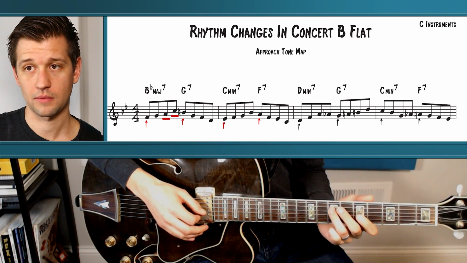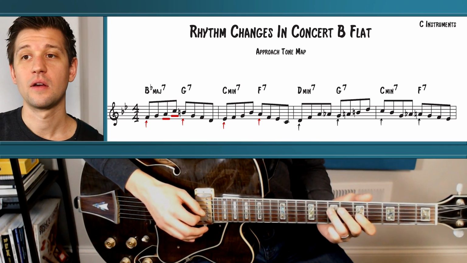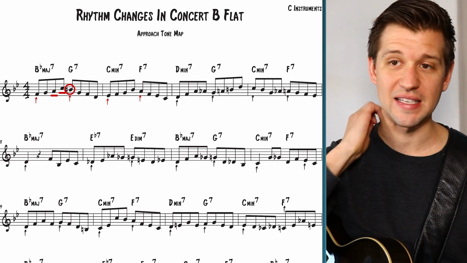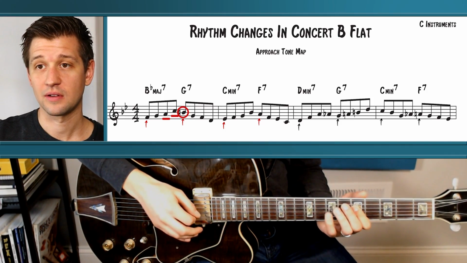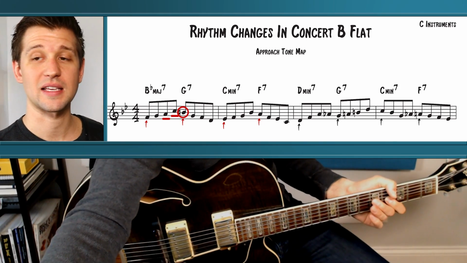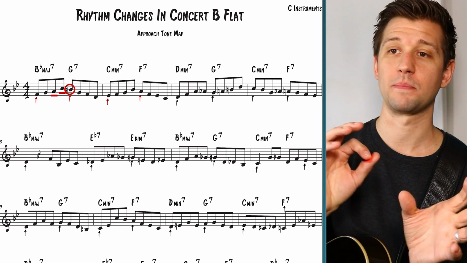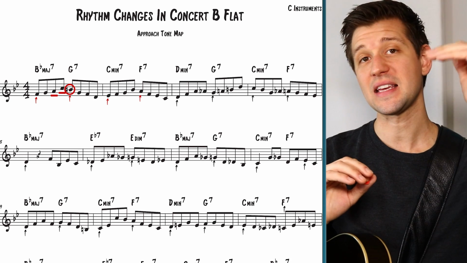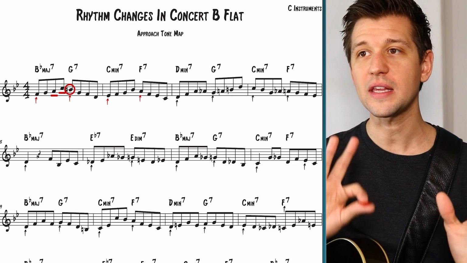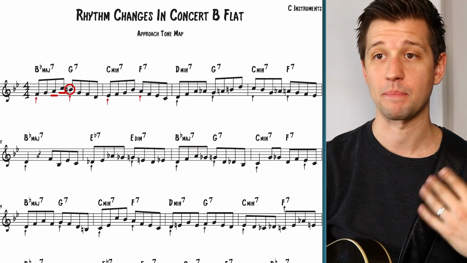So, okay, we're targeting this B natural, that's the third over G7, by going A, C, B. And you'll notice that the A is lower in pitch than our target note, and the C is higher in pitch than our target note. And we call this enclosure, and that's a really common approach tone strategy that beboppers use.